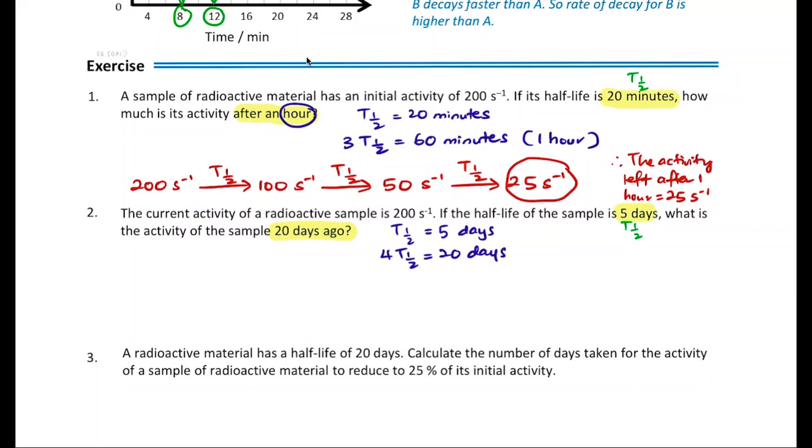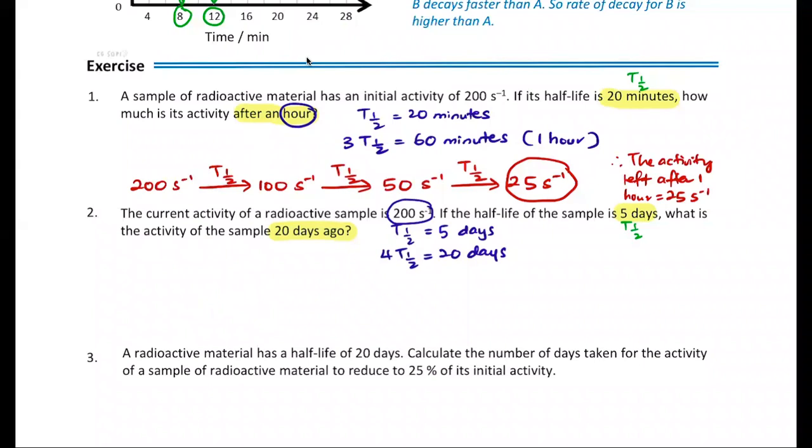You start with the initial value 200, so 200 power of 4. Will you get 3,200 if you do it like this?